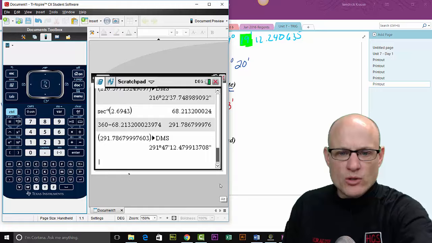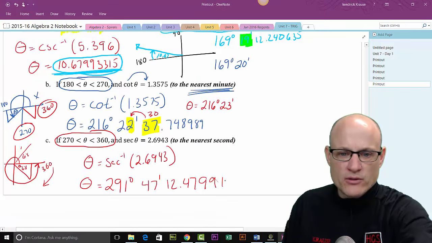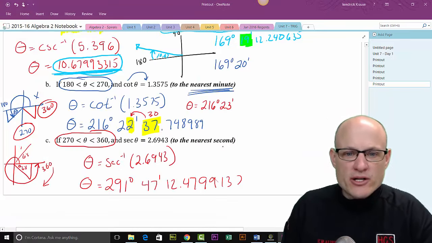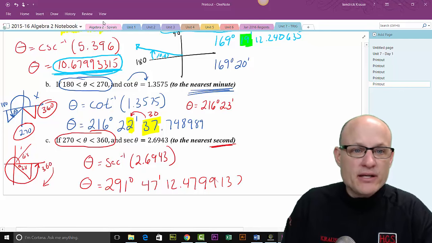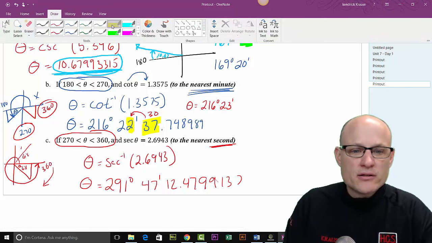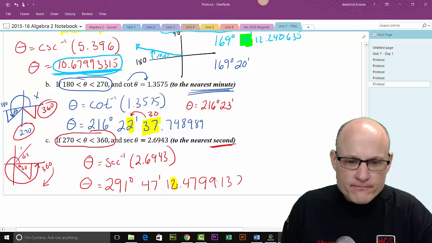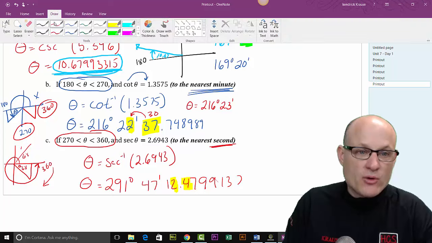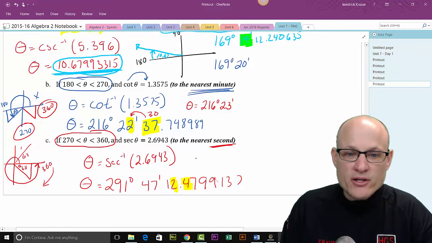Okay. So now to the nearest second, that means I'm going to be rounding this thing. So this is a 4. I'm not rounding it. It's just staying 12. So my answer is theta equals 291 degrees, 47 minutes, 12 seconds.